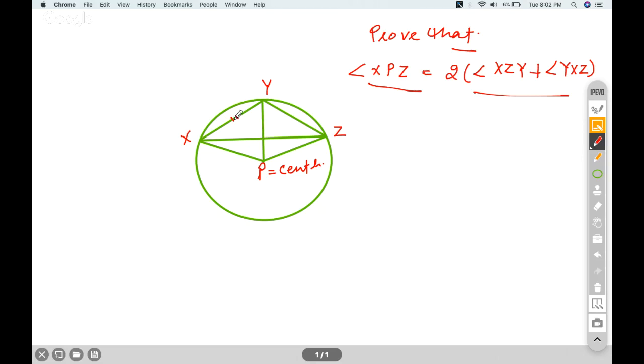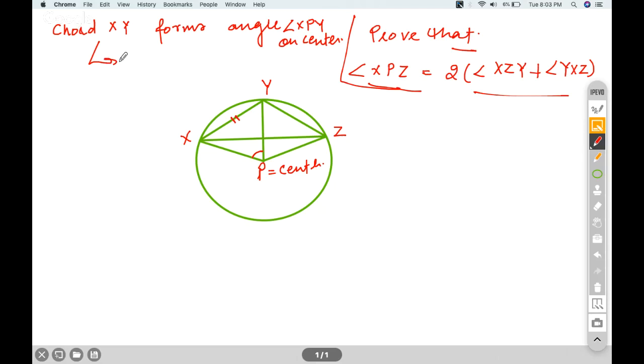Okay, those who are not getting it, try to understand. Look at chord XY. Chord XY is forming angle XPY on the center. So I'm writing here line by line. Chord XY forms angle XPY on center.